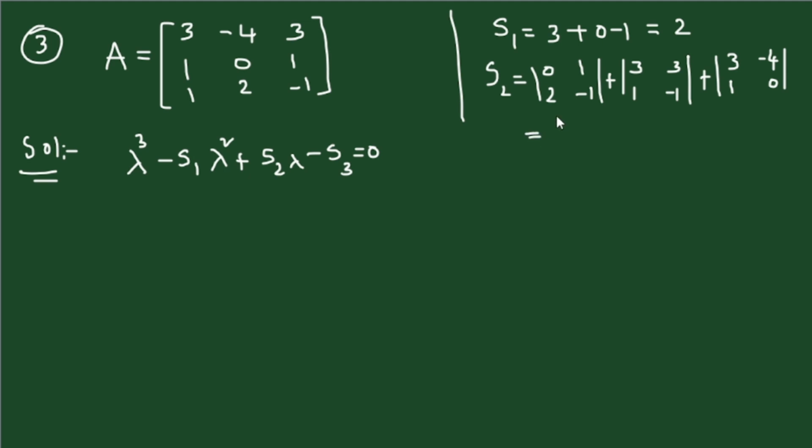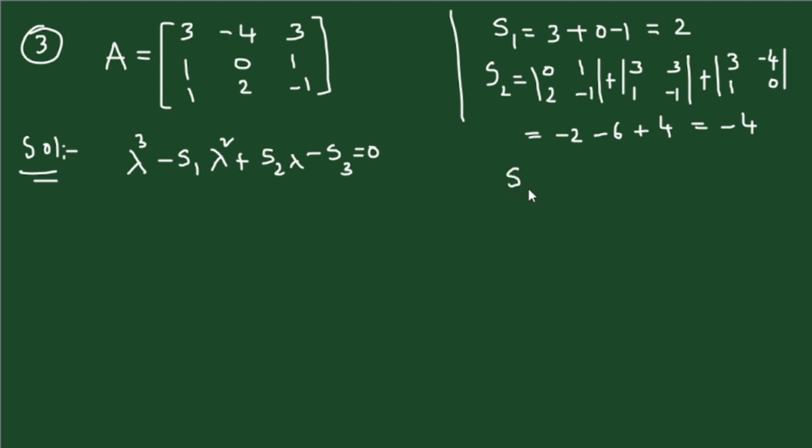The first one, it is bottom right corner, all four corners, and then top left corner. So it is minus 2, minus 3, minus 3, minus 6. It is plus 4. It is minus 4. Therefore, S2 is minus 4.